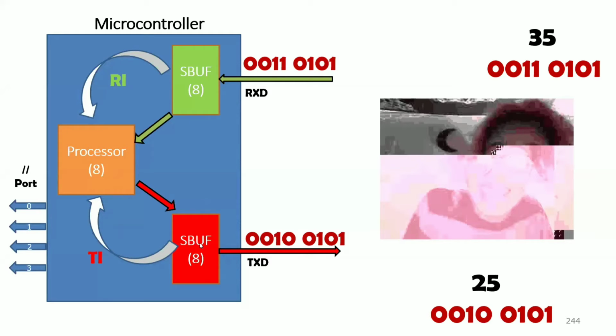Whenever the SBUF finishes transmitting 1 byte of data, it interrupts the processor, asking it to send the next byte it wants to transmit. After every successful byte transmission, it interrupts the processor with one interrupt flag, called the transmission interrupt flag.